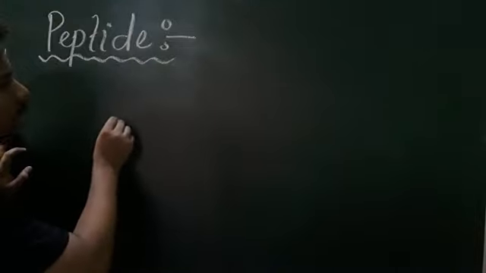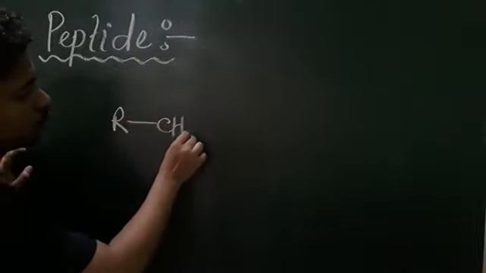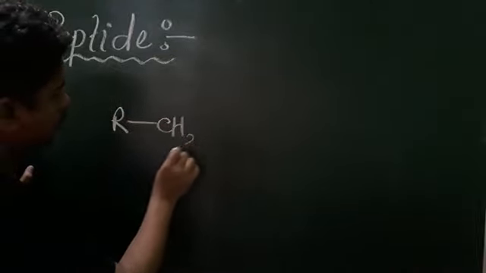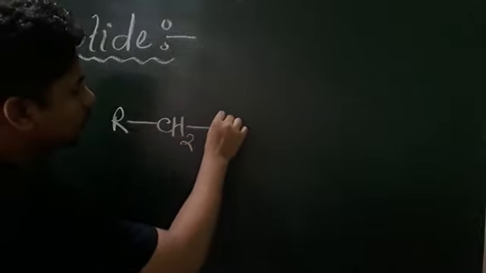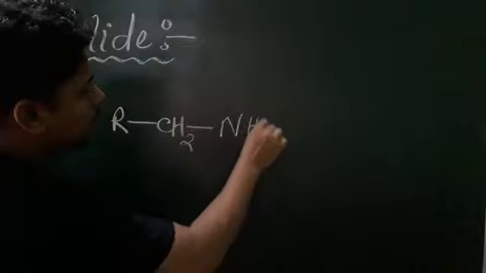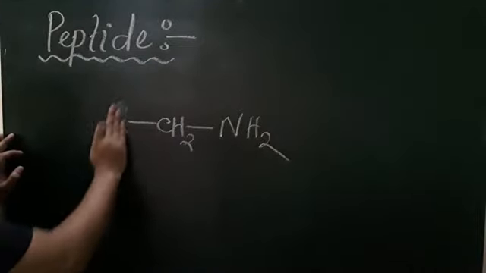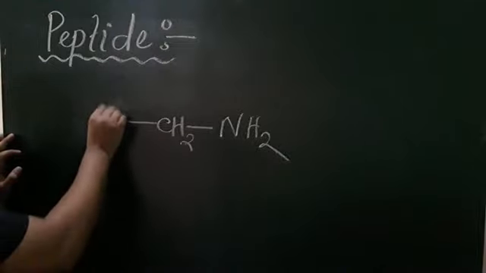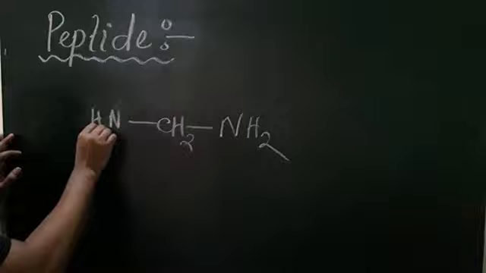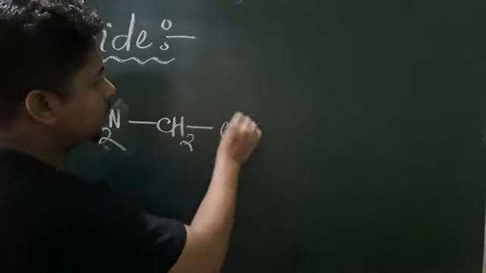We know the structure of glycine is NH2-CH2-COOH.